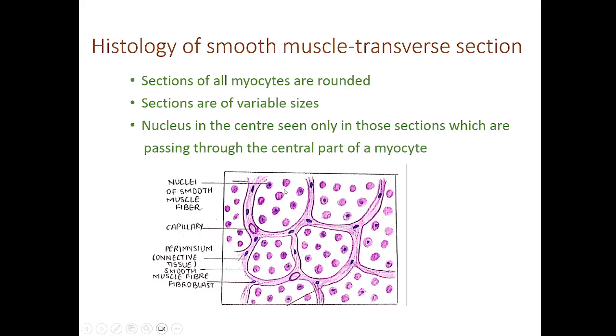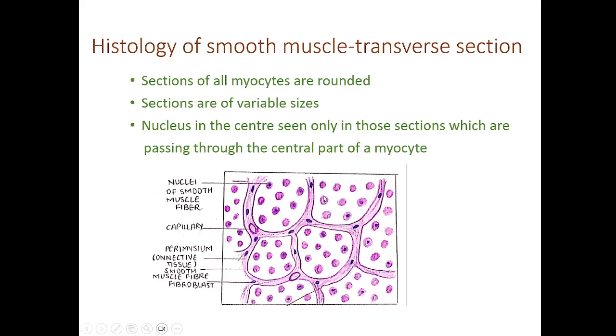Now, you need to differentiate between the transverse section of the skeletal muscle and smooth muscles. How can you differentiate? In the smooth muscle, if you see the transverse section of a muscle, all sections will be small and rounded. Some will be very small if the section is passing through the tapering end.